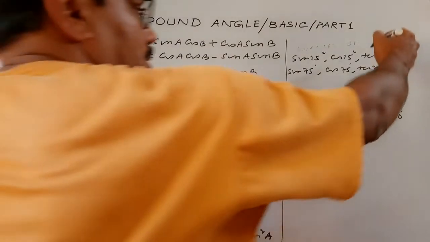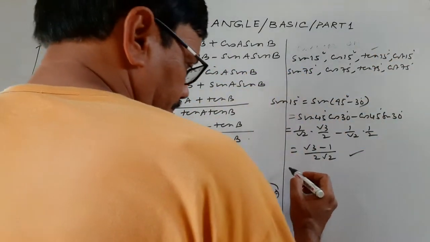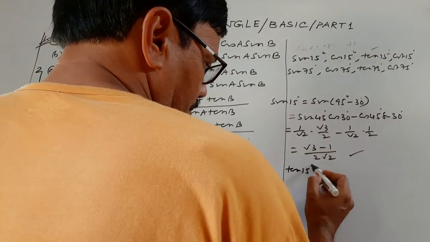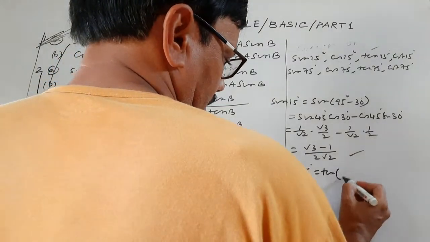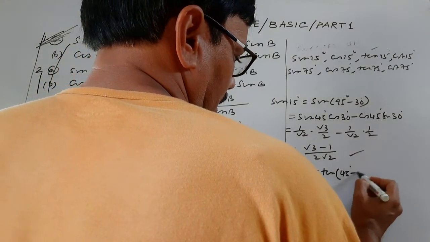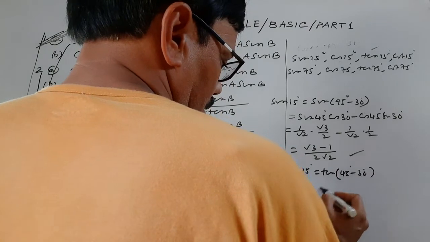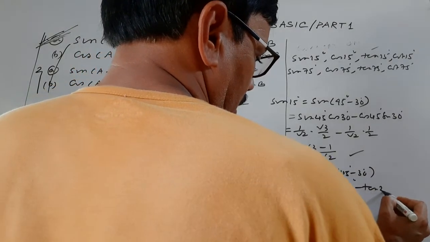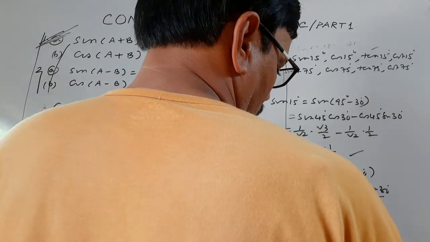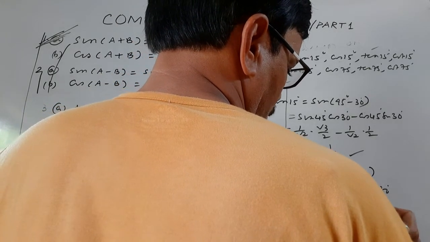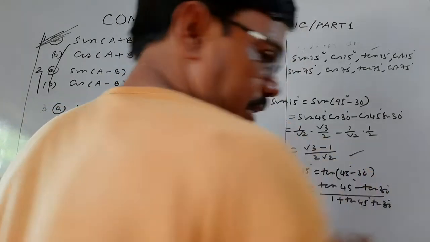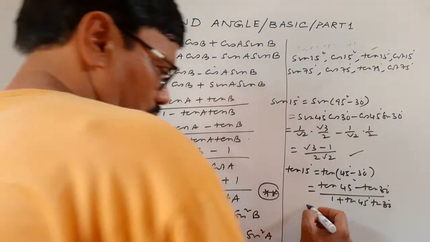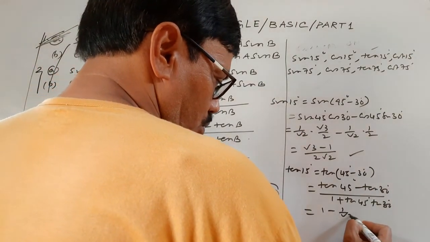So suppose tan 15. So tan 15 equals tan(45−30). So tan(A−B), tan 45 minus tan 30 by 1 plus tan 45 tan 30. So tan 30 is 1 by root 3.